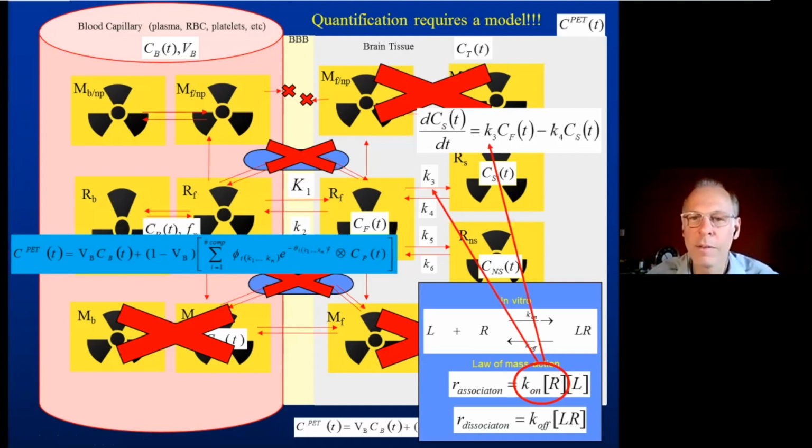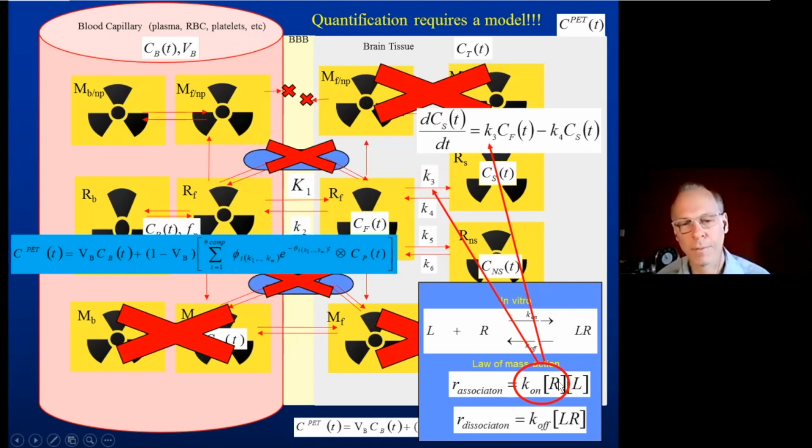And this factor here is the same thing as the rate constant K3. In other words, if we use this model to fit the time activity curve and to get the rate constant K3, we have an index of the concentration of available protein of interest.